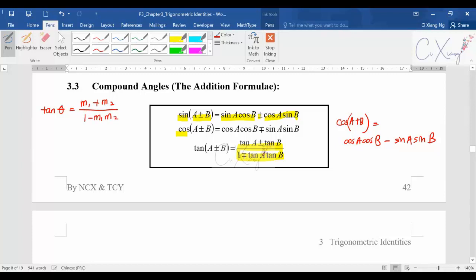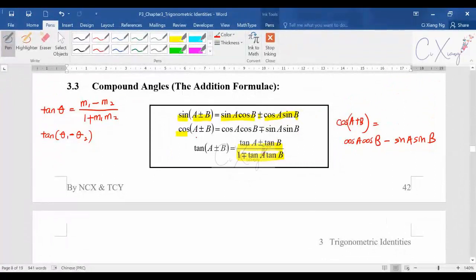The angle between two straight lines, the pattern comes from here. Oh, sorry, my equation is wrong. It should be minus and plus: m1 minus m2 divided by 1 plus m1 m2. So here is a minus, and the pattern comes from here.